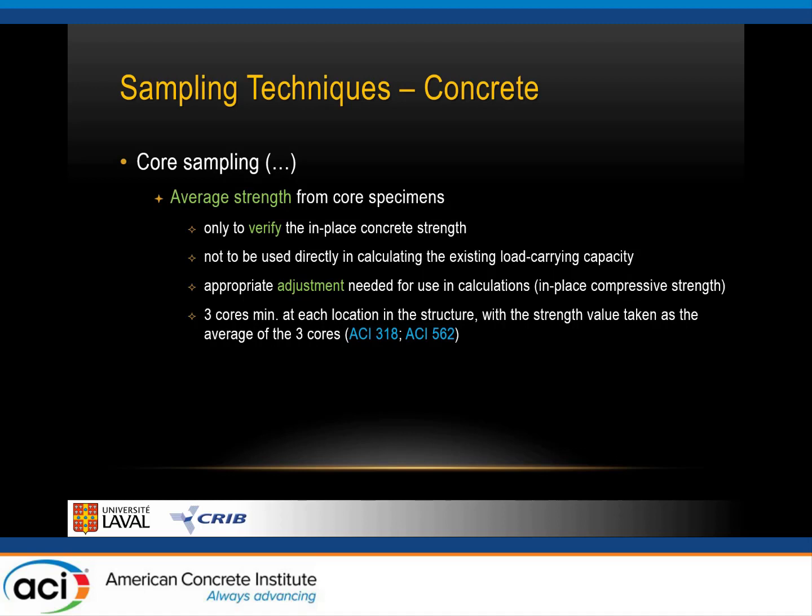It provides information on the actual condition of the structure, but when it's time to use this information to perform structural evaluation, these data need to be treated properly under the guidance, for instance, of ACI 318 and ACI 562.